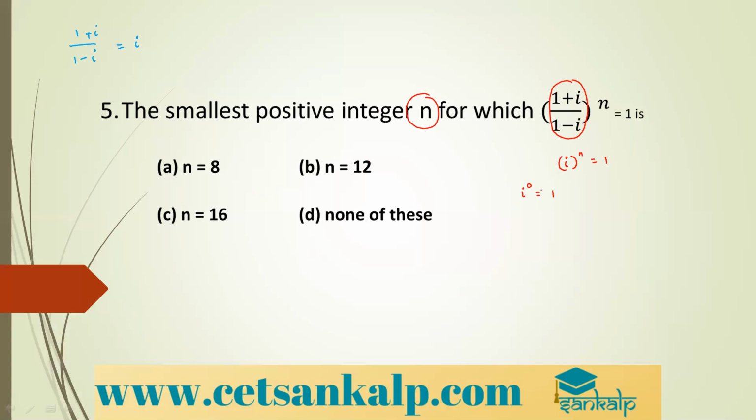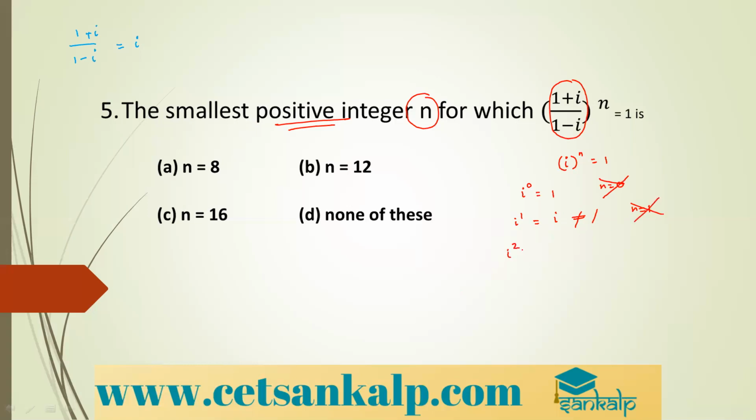But they don't want n as 0, because it should be a positive integer. 0 is not a positive integer. If you take i power 1, it is i. It is not 1, but we want 1. So n equal to 0 you can't take, n equal to 1 you can't take.